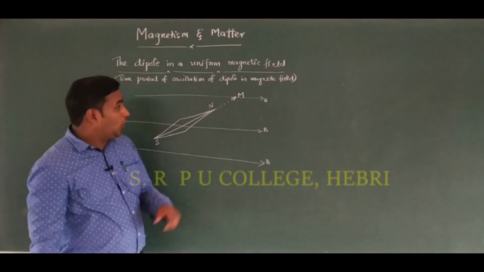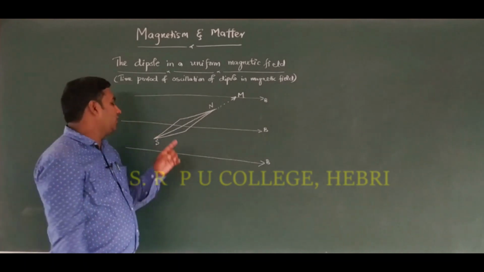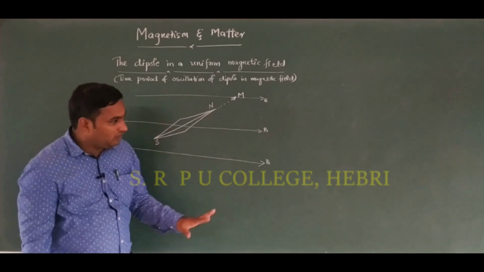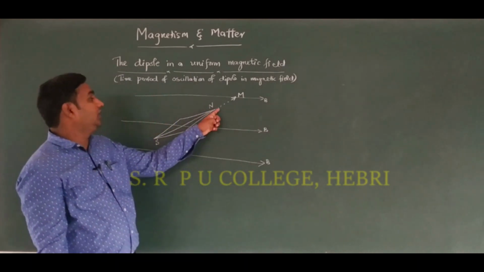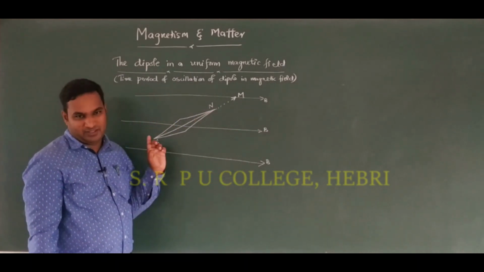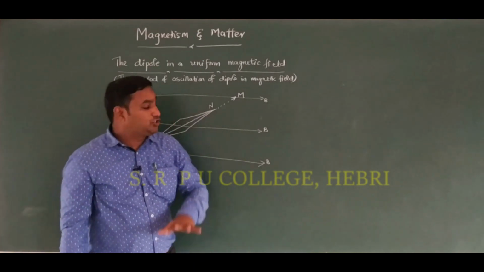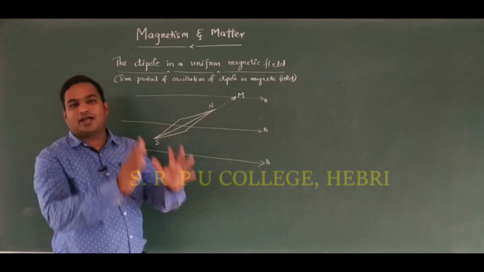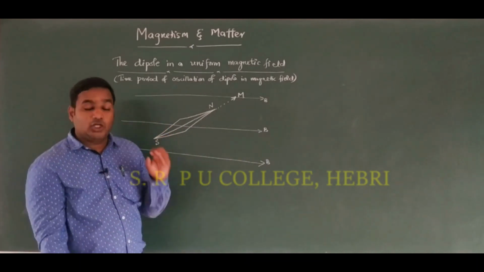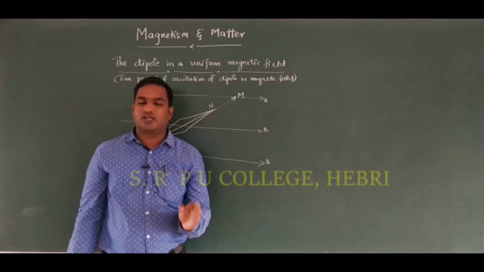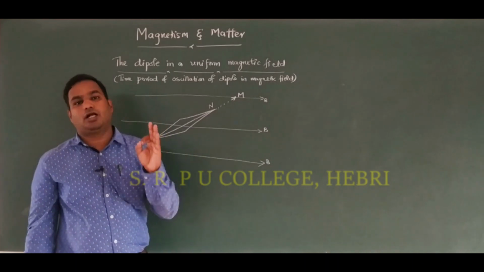Already, around a north pole there will be a magnetic field, and around a south pole there will be a magnetic field. If I apply one more magnetic field to that, automatically these two poles experience a magnetic force. Both the magnetic forces are equal but opposite. It will constitute a couple. We call it torque, a magnetic torque or magnetic couple.